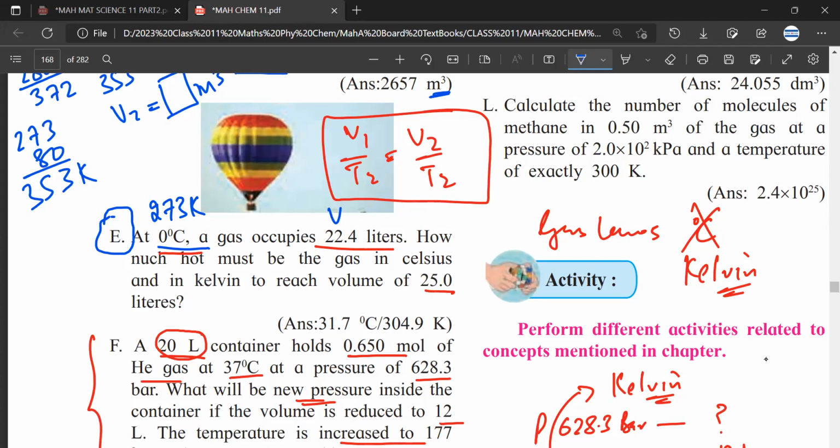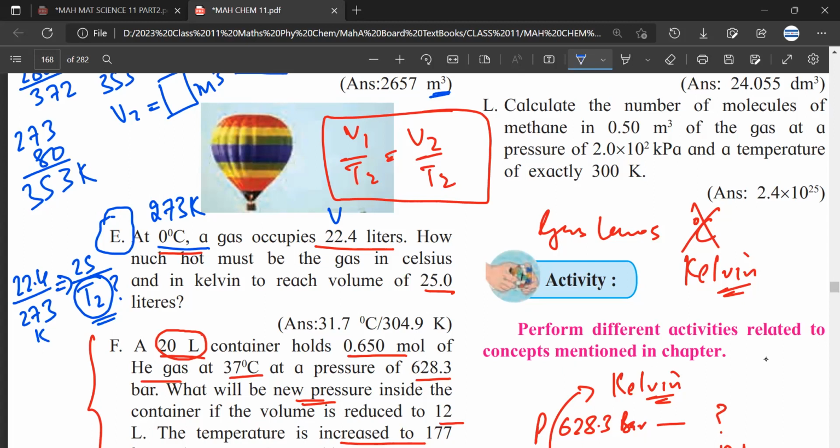So again, V1 upon T1 is equal to V2, which is given, upon T2. This is what is required, and the answer which will come here would be in terms of Kelvin. Why? Because I have taken Kelvin here.